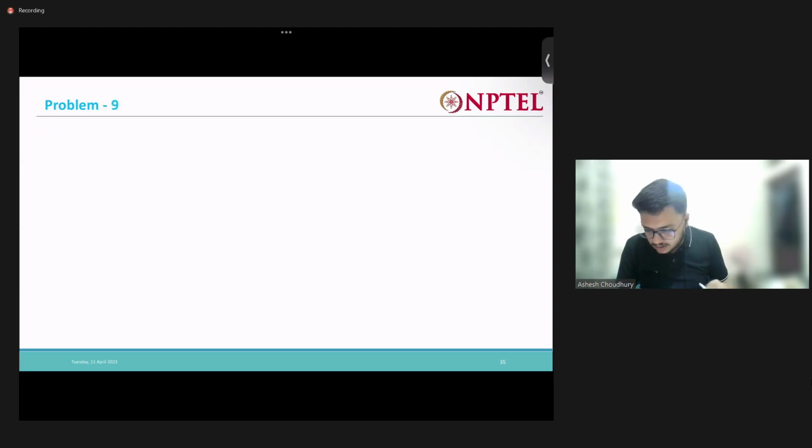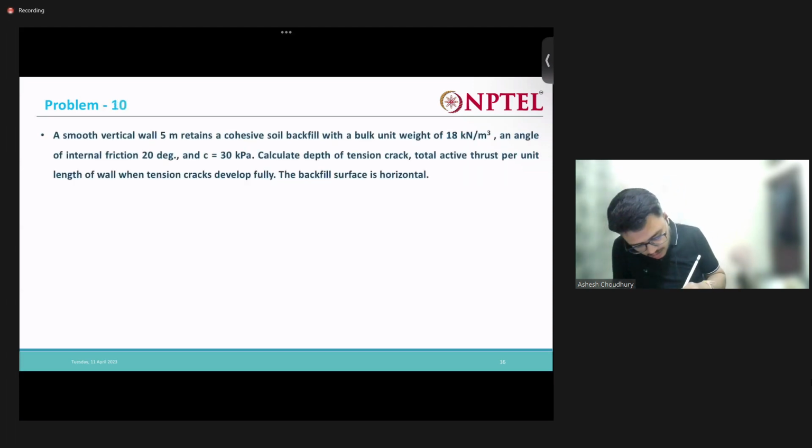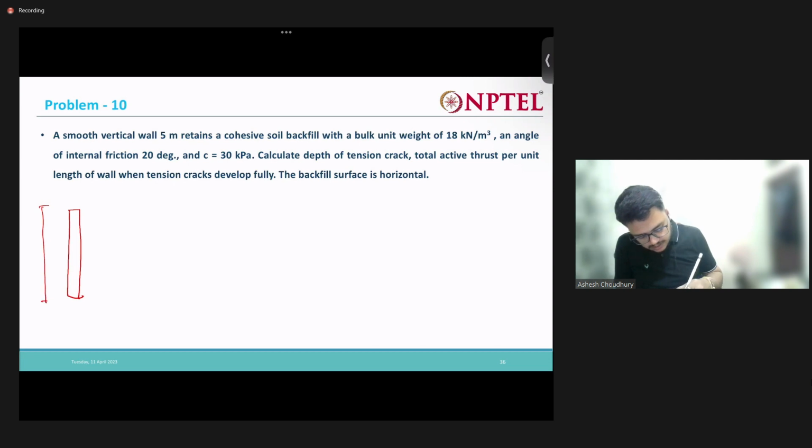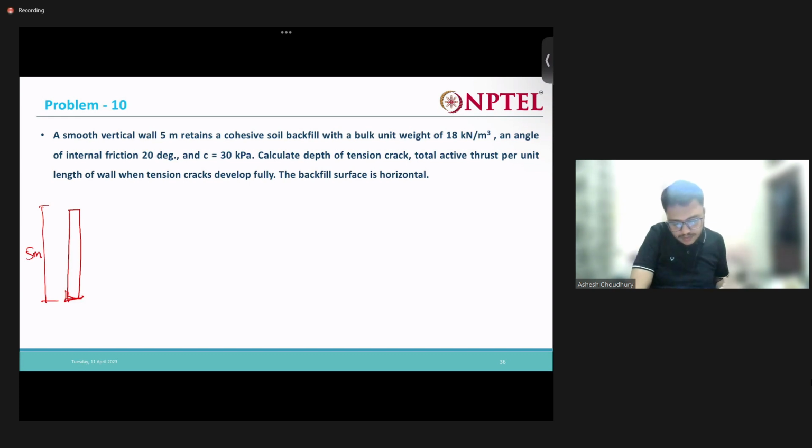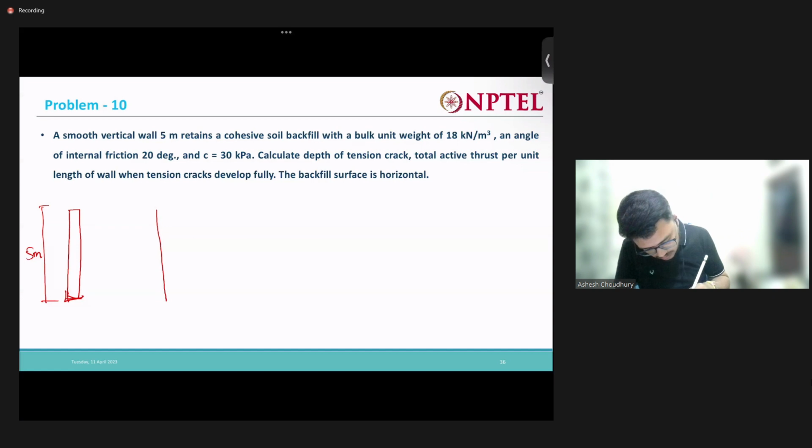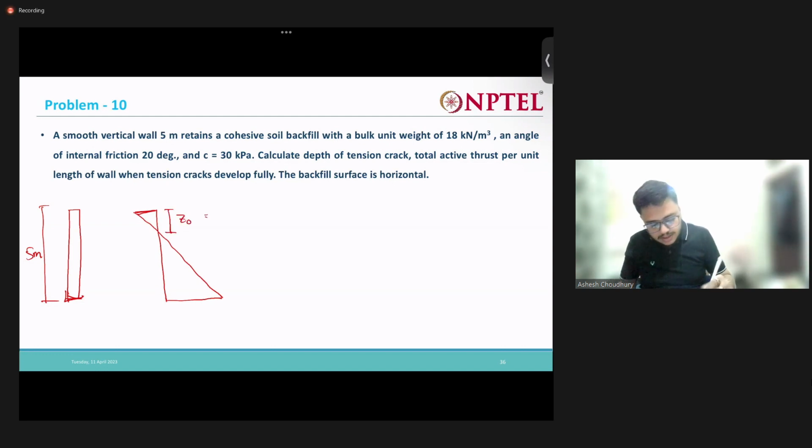So this is 5 meters. What is Z naught? Let us find it out again.